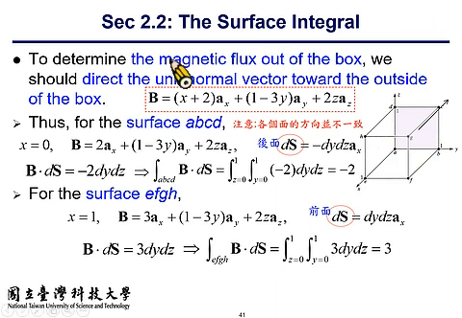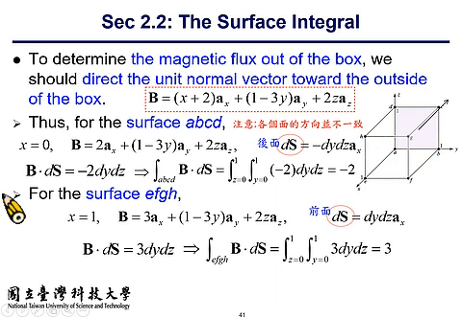So the integral on these surfaces, which is B dot dS, can be carried out by substituting this relationship in this expression. Note that the calculation is not quite difficult. It's relatively simple because dS is in the minus ax direction, and therefore the y component and z component in the expression for B don't count.